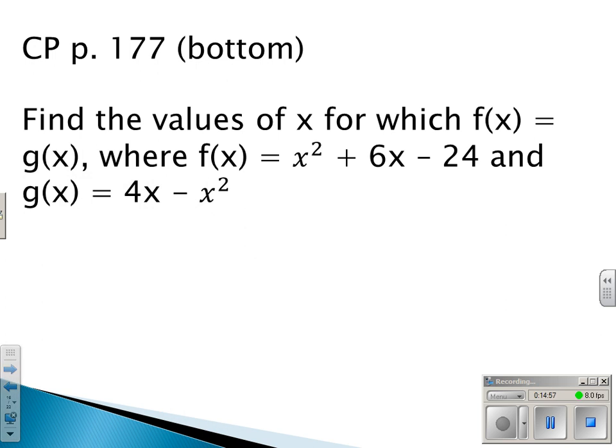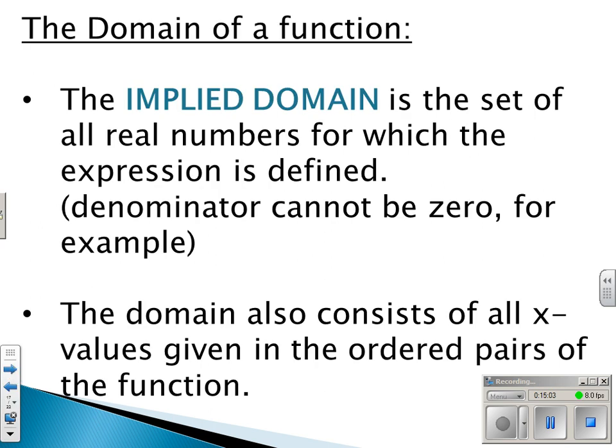All right, turning to page 177, oh, I gave myself a slide for that, sorry. I guess I wrote it on the previous page. So we get to skip to the domain of a function, next page.